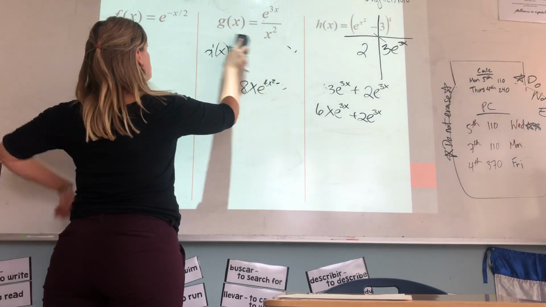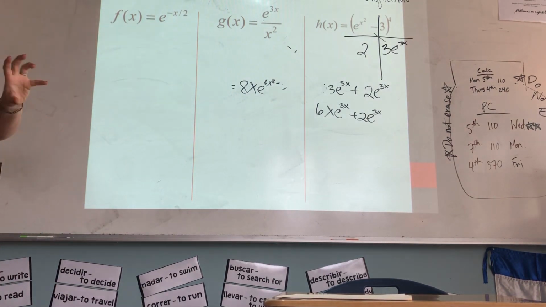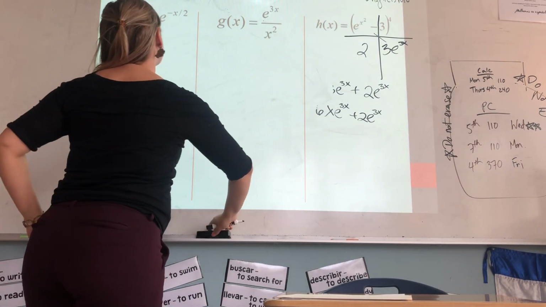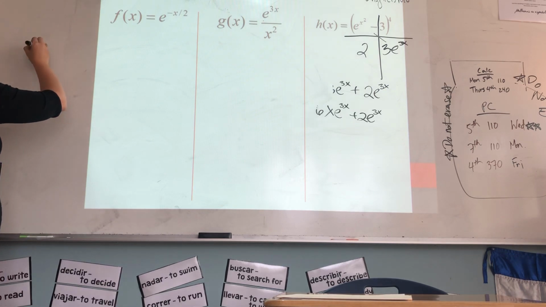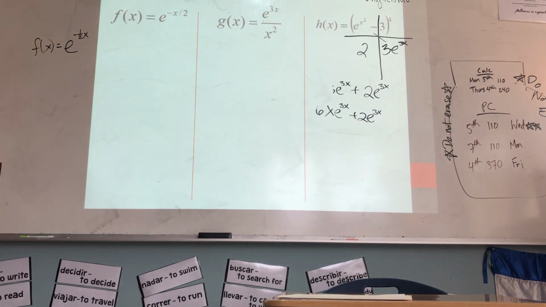So there's no special rule because there's just an x in one place: e to the u, du. So the derivative of that exponent is what you multiply by. You could also write this as e to the negative 1/2 x. That might help.